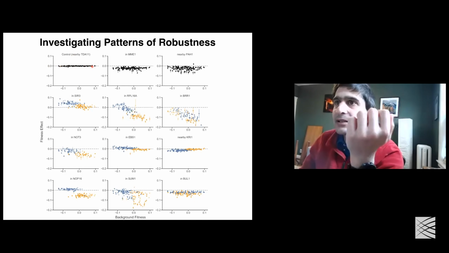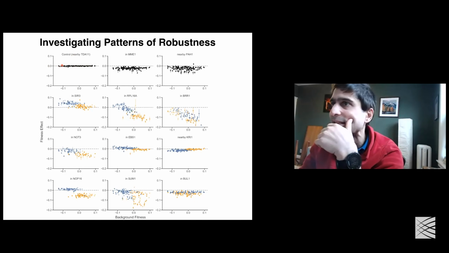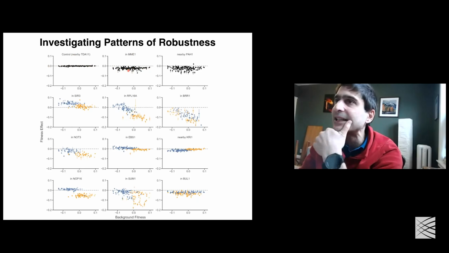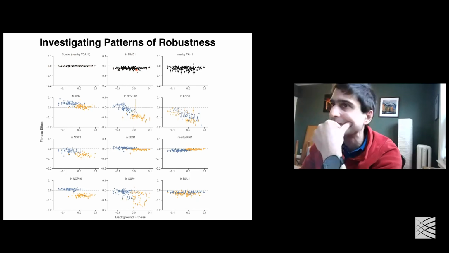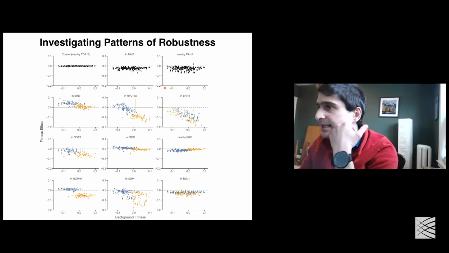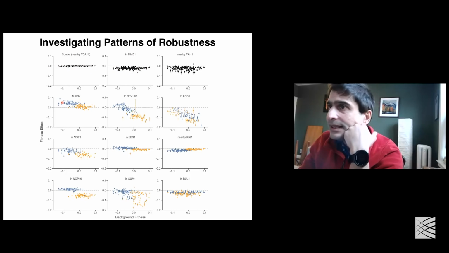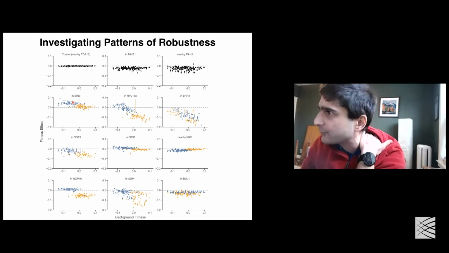As we might expect, this mutation has essentially no effect on the fitness in any of these genetic backgrounds. And here we see an example of an insertion mutation in a particular gene that has a deleterious effect, and the effect is fairly consistent across all genetic backgrounds. But a more common thing that we see is that these insertion mutations have effects that vary across the different genetic backgrounds.